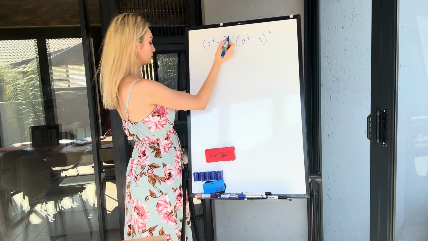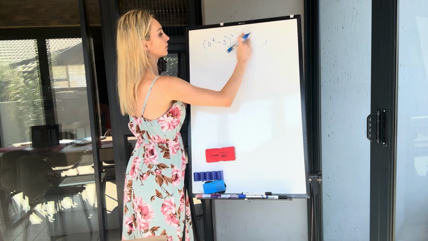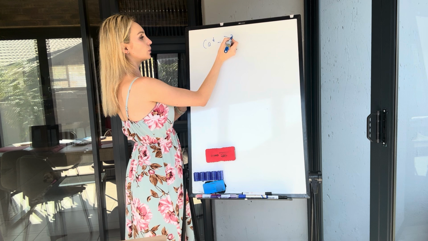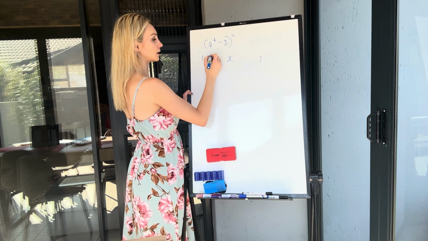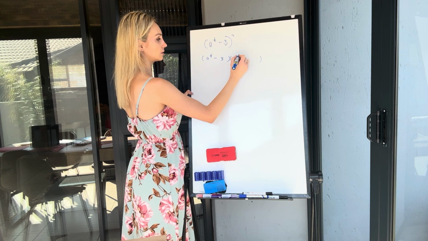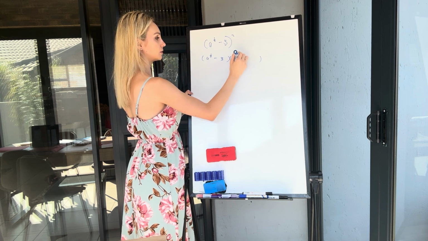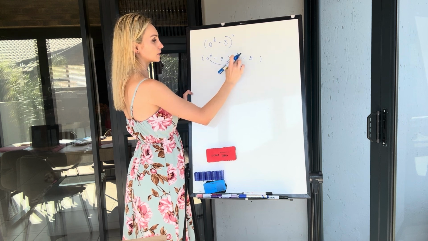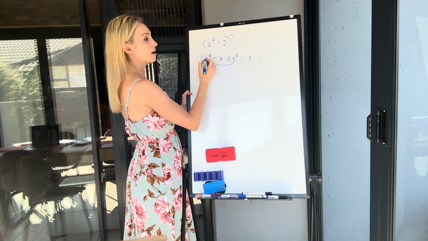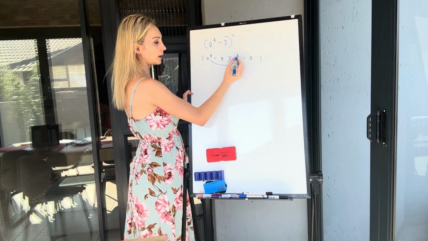Remember, oh sorry, there was only one. I already did, I wrote it twice. So when there's two terms, I have to write my brackets out twice. Then when I multiply, I add my exponents. When I multiply, add exponents.